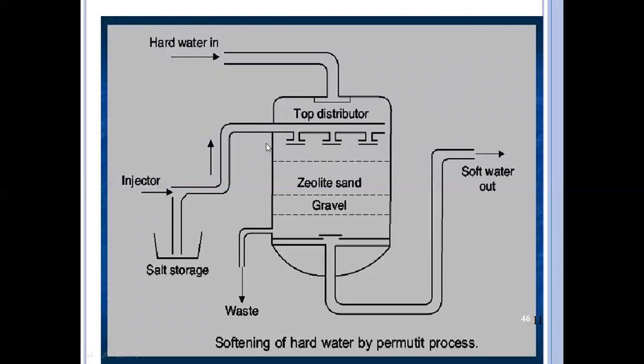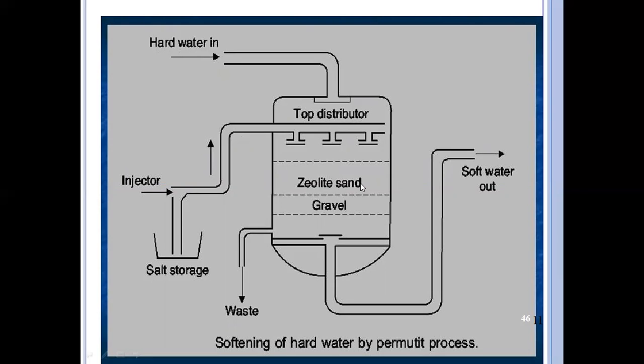This is the main tank in which we place the zeolite bed, and on the other side we supply the hard water. When the hard water enters the tank, it passes through the zeolite bed.